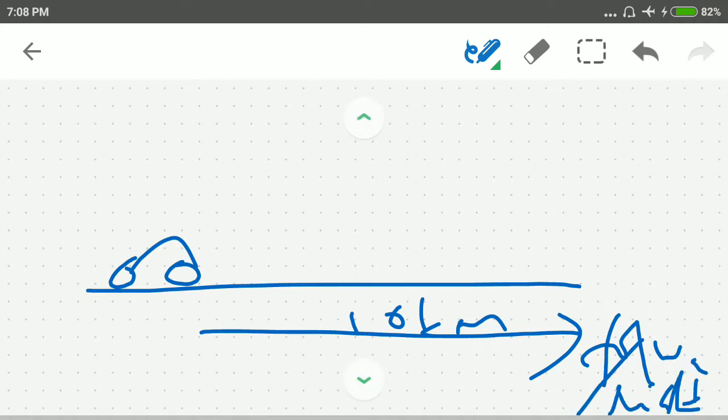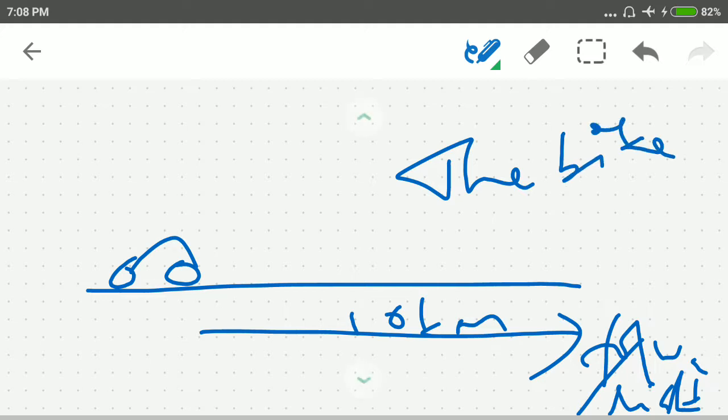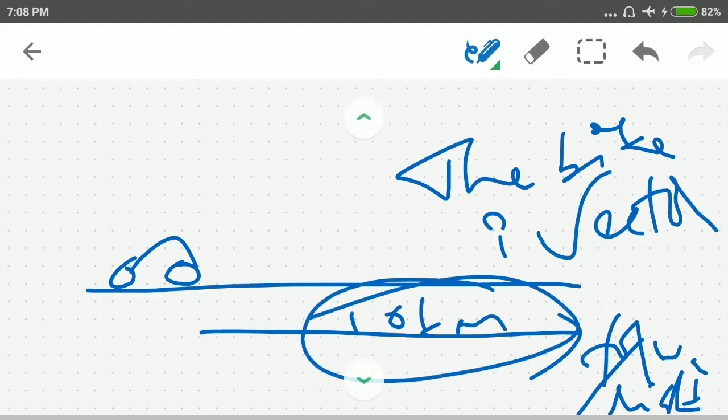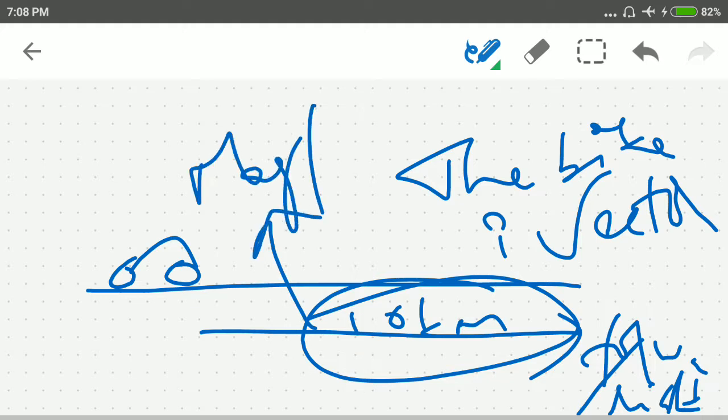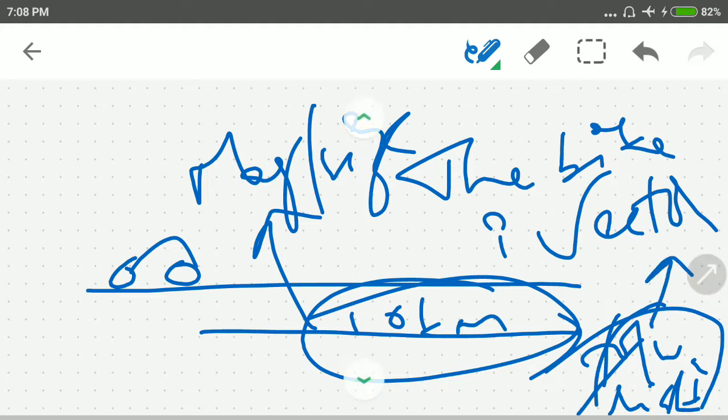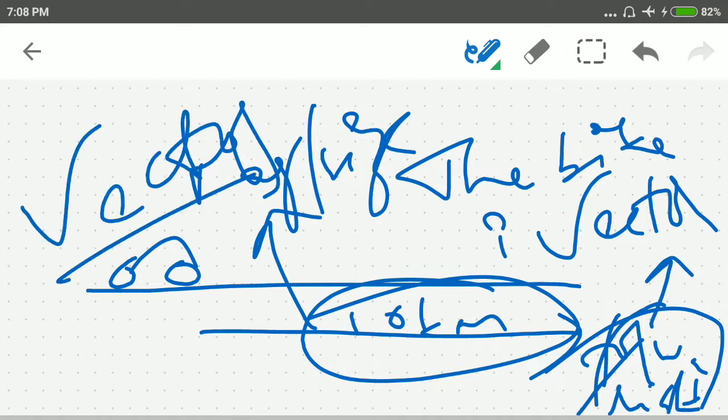Stating that the bike has moved 10 kilometers in the forward direction is known as a vector quantity, since it states the magnitude or size, and the direction like forward, backward, upward, right, left, or anything. So when you couple both the magnitude, size, and direction, that is termed a vector, I mean to say a vector quantity.